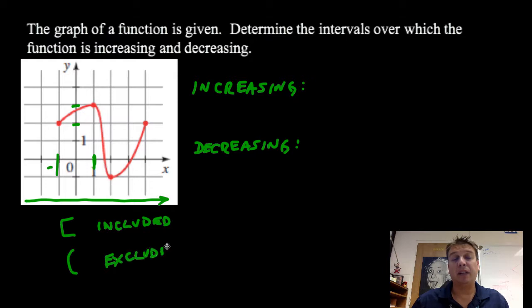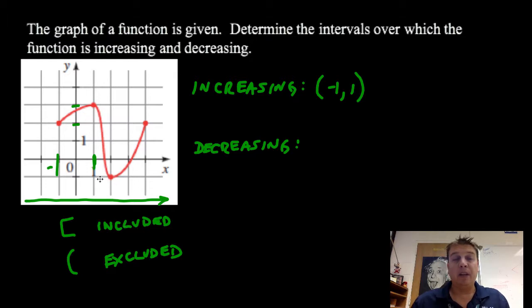That particular location is either included or excluded. When we deal with these, we are talking about in between this point and this point, because at that point it is neither increasing nor decreasing, it's changing its direction. So we are increasing over the interval from -1 to 1. They will always be parentheses when dealing with increasing or decreasing.